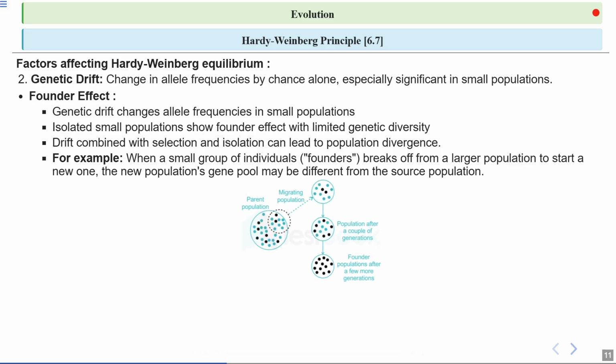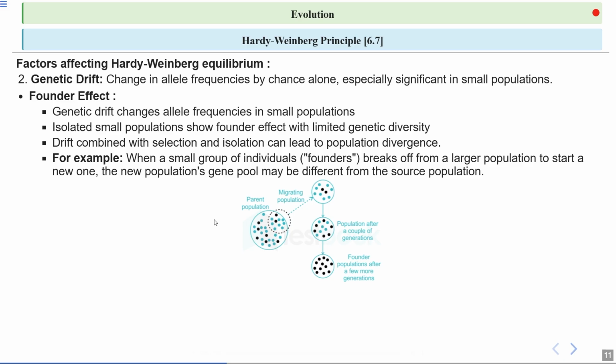So you can see in this image there is a parent population, also known as the original or source population. The genetic diversity is shown here by these various colored circles within this parent population. Now you can see a certain group of individuals migrating to another area.